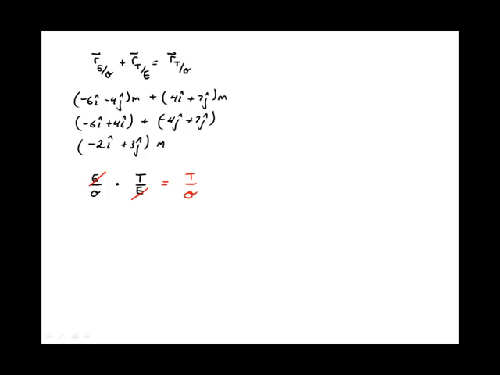Also, do not forget that the position of Tanya with respect to Ed is negative the position of Ed with respect to Tanya. So I could rewrite this top equation as the position of Ed with respect to the origin equals the position of Tanya with respect to the origin minus the position of Tanya with respect to Ed. Right? I'm just bringing this vector to the other side.